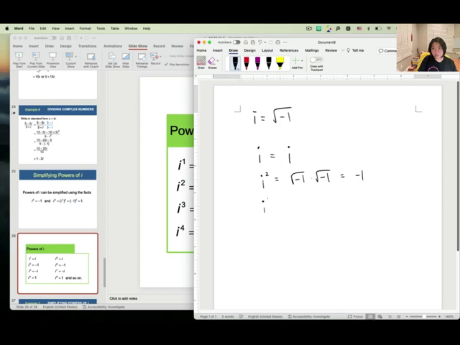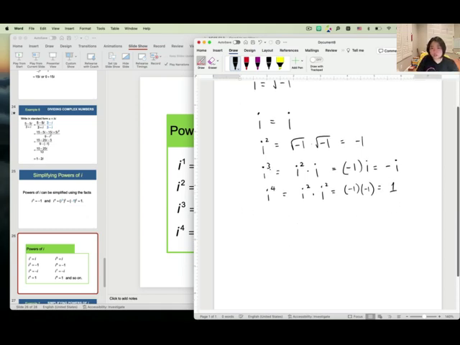And then i to the power of 3, I could break it down to i squared times i. 2 plus 1, the exponent, that is going to be equal to 3. And you know i squared is going to be -1, and I still keep the i here. So -i. Okay, same idea, i to the power of 4. I could do i squared times i squared, which is going to be -1 times -1, which is going to be +1.